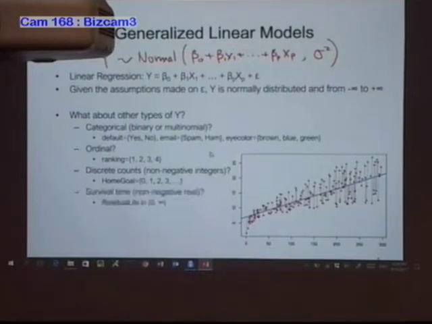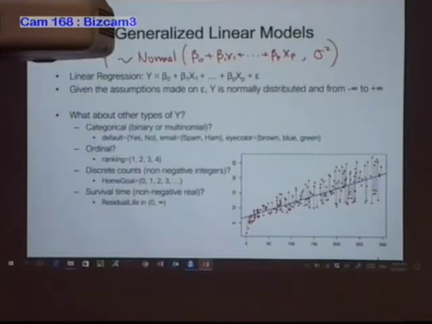This is a count. Now we also have survival time. So that's about time until some event would happen. Let's predict the machine failure. What's the expected amount of time until the next machine failure, until the next customer complains, all these things, right? So that's time until some event happening.